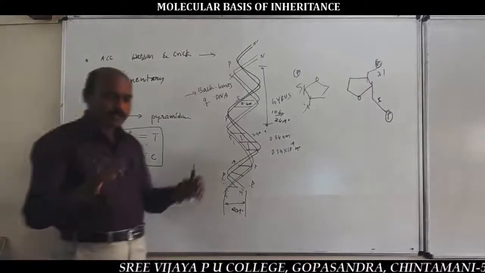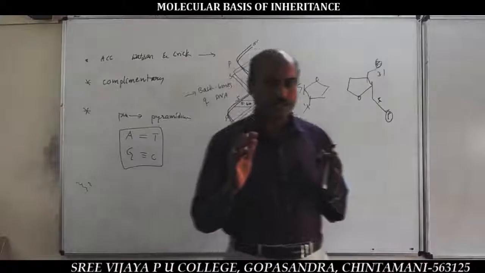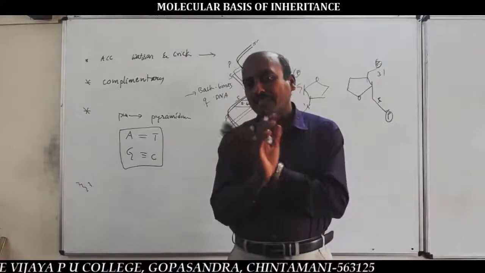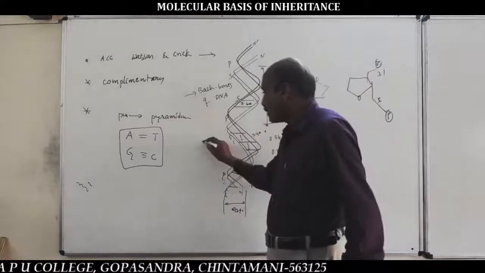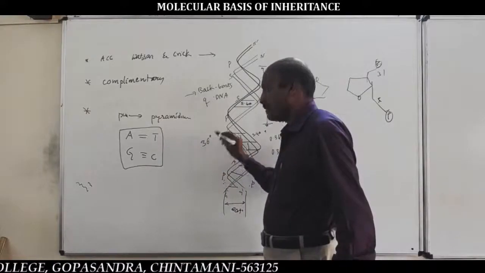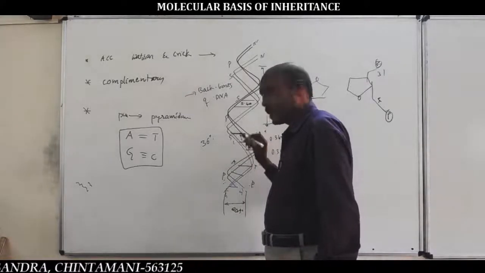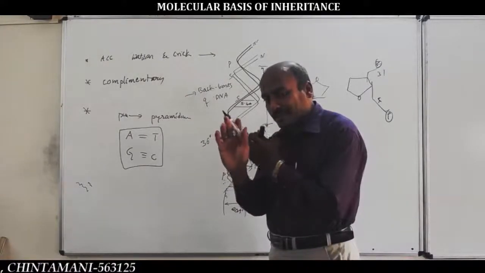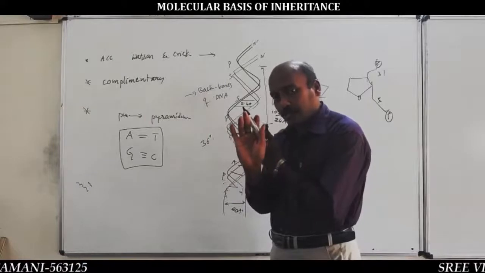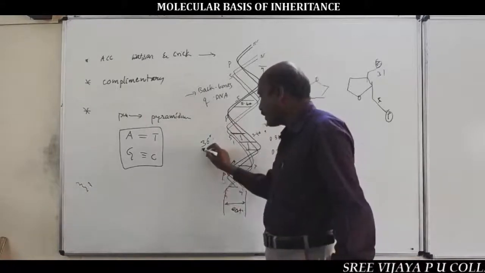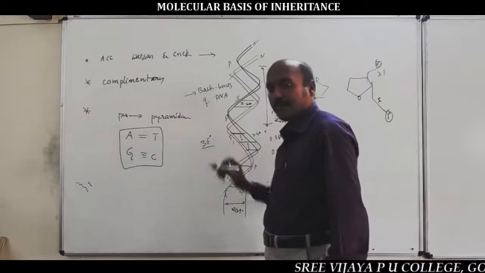Here, the two polynucleotide chains coil at base pairing, twisted at about a 36-degree angle. At each base pair, the two polynucleotide chains rotate in the form of a twisted ladder at about a 36-degree angle.